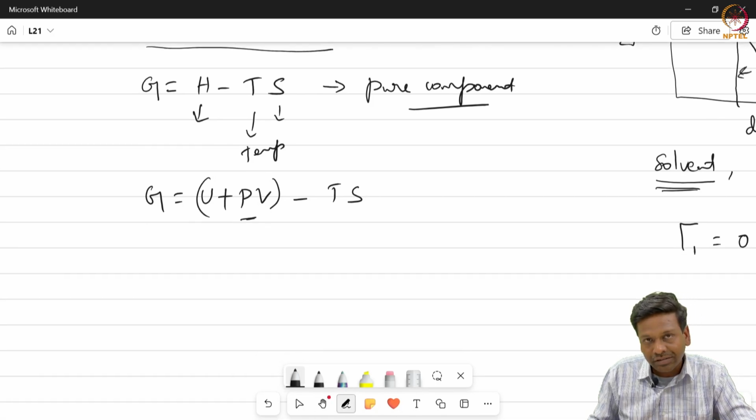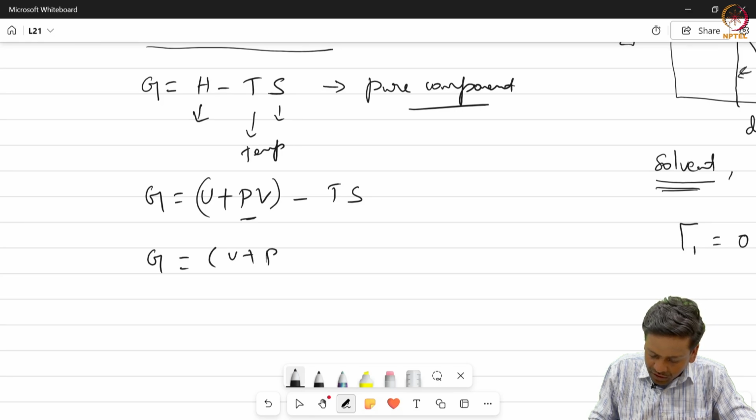If you have to express this explicitly for a mixture, not for a pure component, we can express this equation in a similar fashion, but additionally you will have what is known as the summation over i of n_i mu_i.